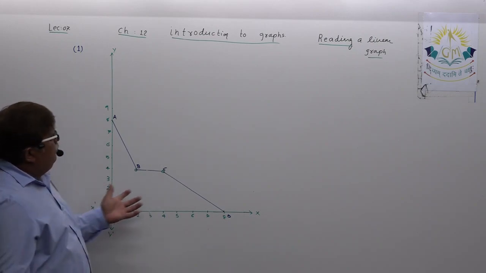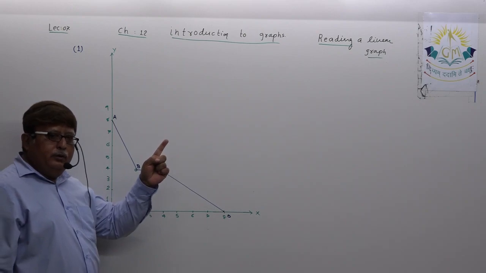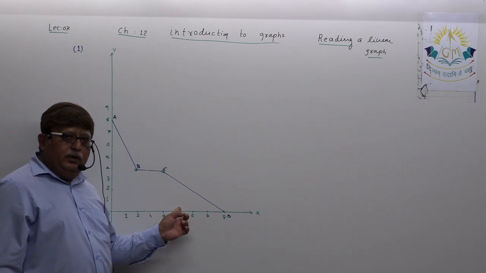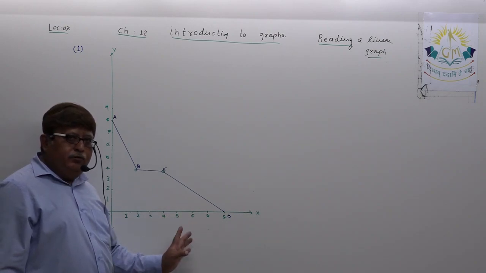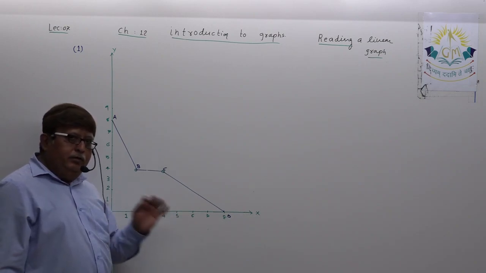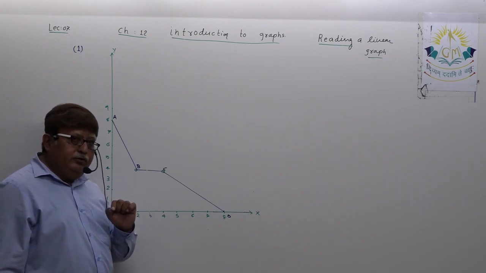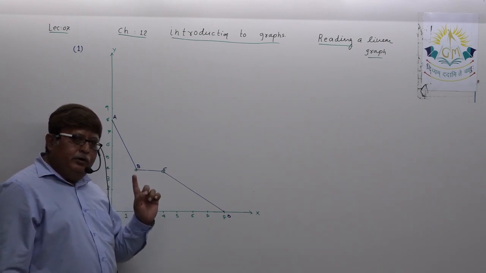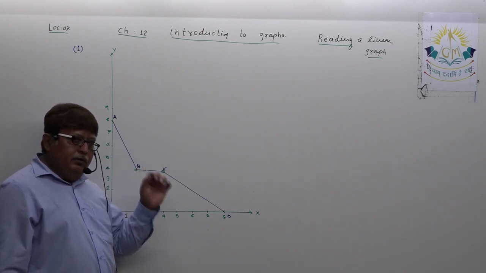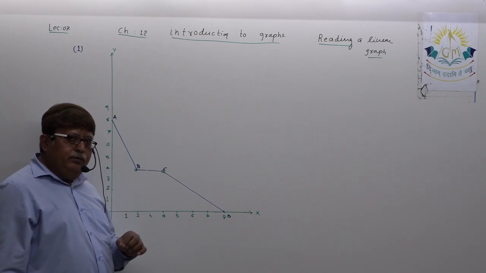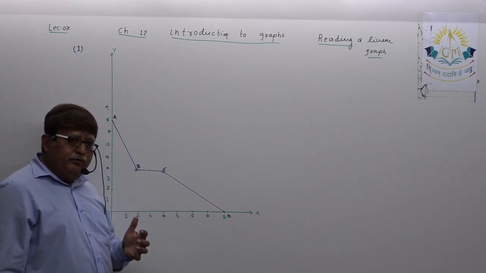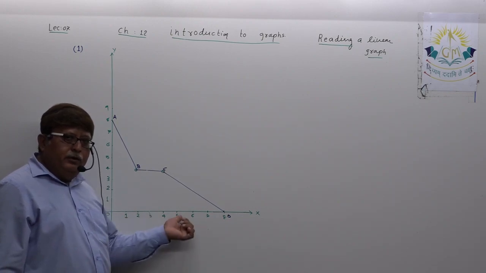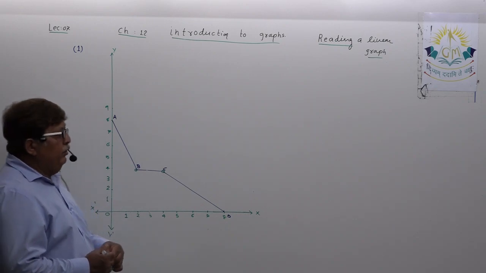Now, dear student, the topic is reading a linear graph. The graph has already been shown here. Now you have to develop the skill of reading the linear graph. One by one, we will take the questions, and these questions will be answered with reference to this graph.